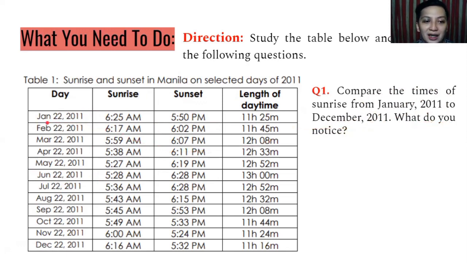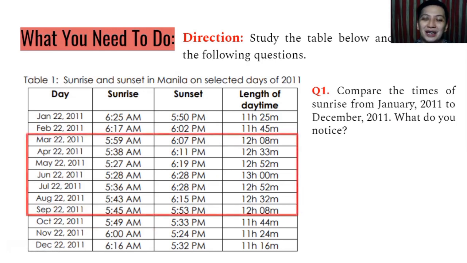So we have January 2011, this one, and then up to December 2011. Okay, I will give you a minute or two for it, because we will answer this part. Okay, look at January 2011 up to December 2011. Okay, what have you noticed?